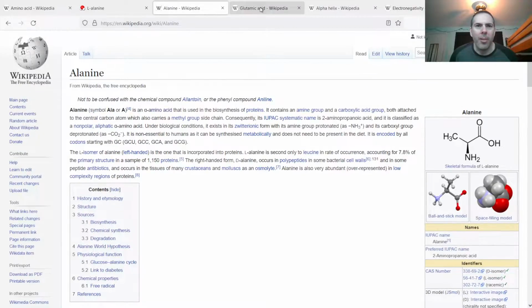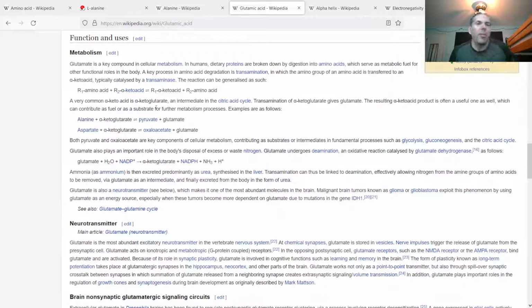In order to talk about the metabolism, if you go to the glutamic acid Wikipedia page, you'll see here metabolism converting alanine to glutamate, which is glutamic acid ionized.